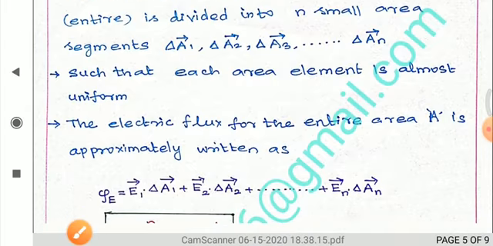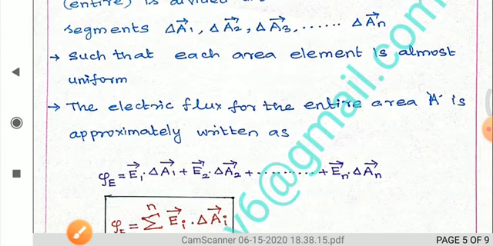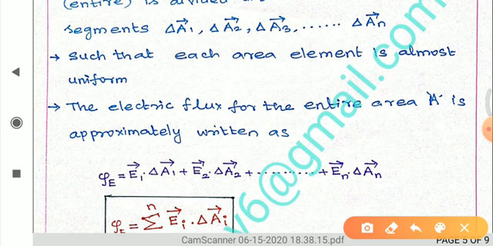So we calculate the flux in each area element. For the first area element, we write E1 vector dot del A1 vector. For the second, E2 vector dot del A2 vector. For the third, E3 vector dot del A3 vector. In such a way, we can write up to the nth area element.